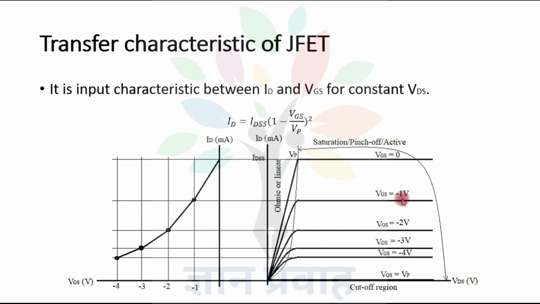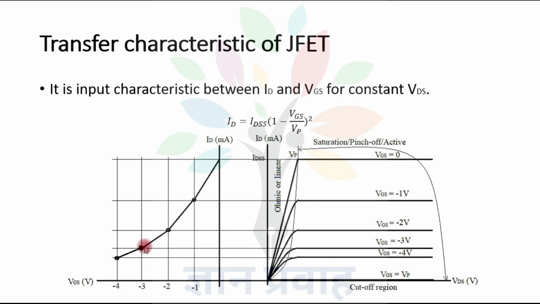When VGS is -1, maximum IDSS is here. It is simply following the IDSS. When VGS equal to -2, then the drain current is plotted here.